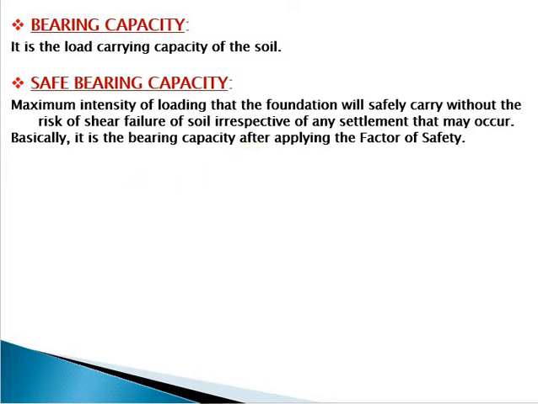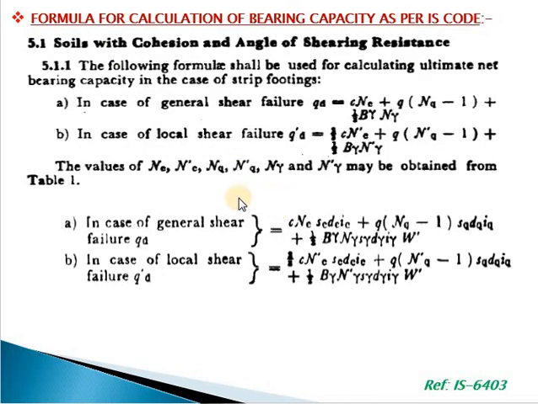Now, what is the formula for the calculation of bearing capacity as per IS 6403? For soils with cohesion and angle of shearing resistance, the ultimate bearing capacity in case of general shear failure is equal to cNc. Now there are two types of failure. One is general shear failure and another is local shear failure.